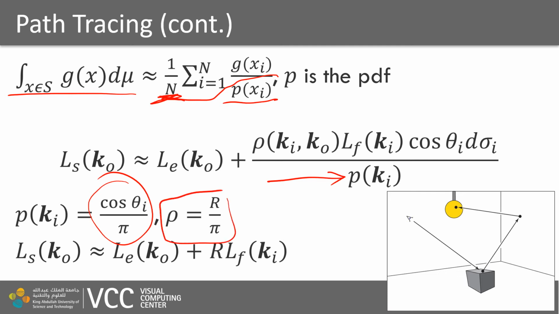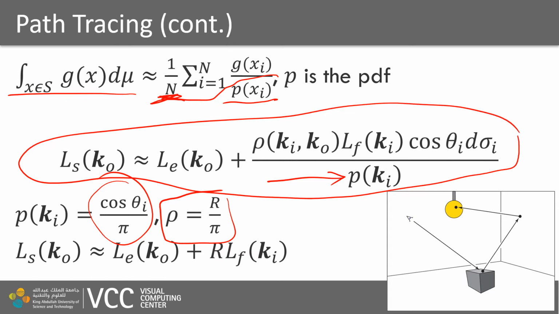So the BRDF is just a diffuse surface, and therefore with this we will significantly simplify the light transport equation using the Monte Carlo integration strategy and this relatively simple PDF as well as the BRDF.